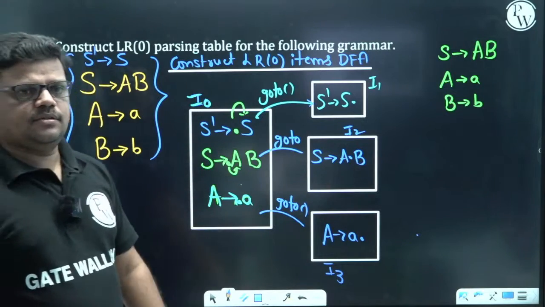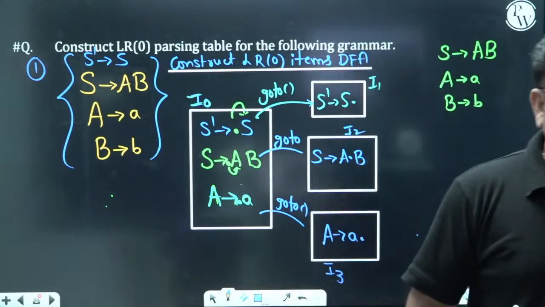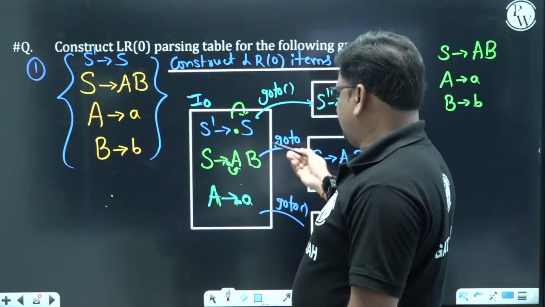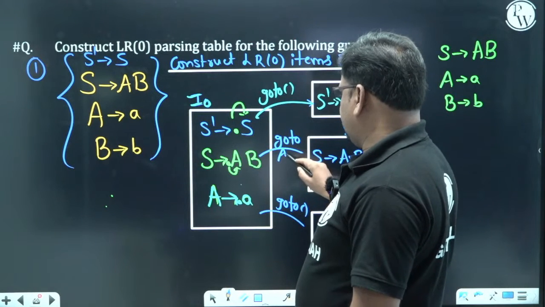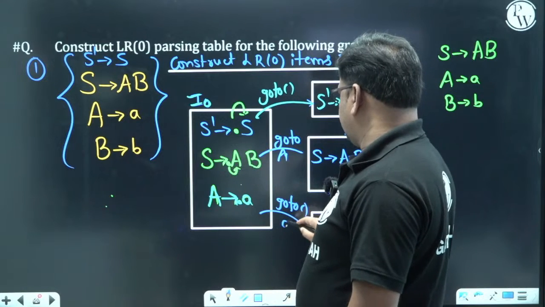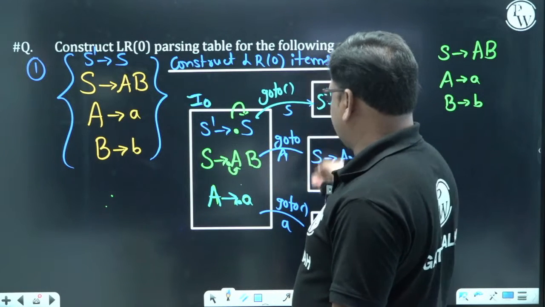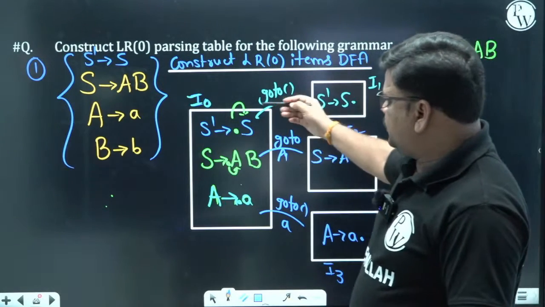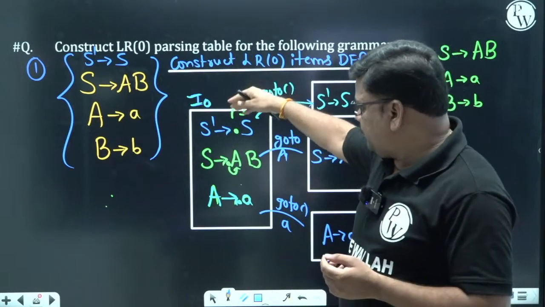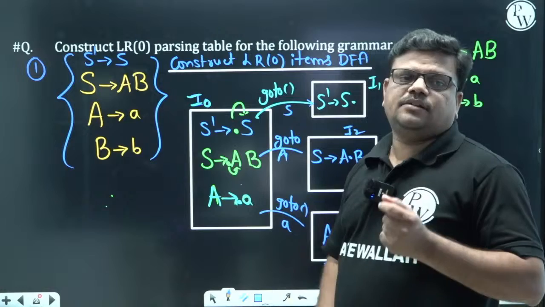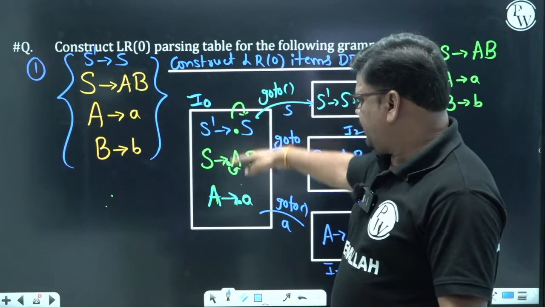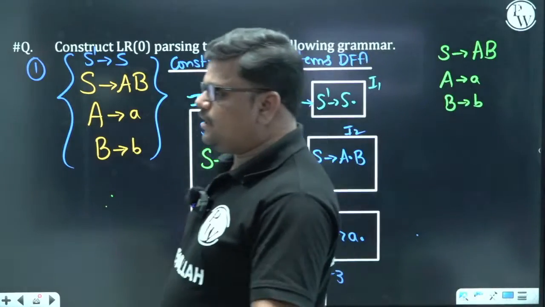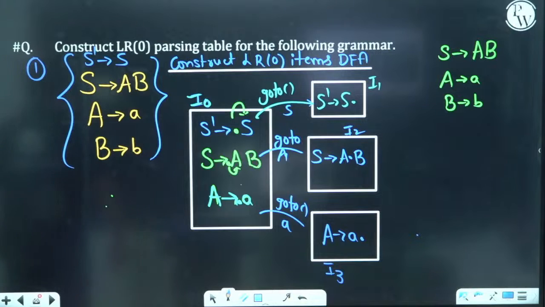The transition can be on whatever symbol follows the dot, like capital A, or like this, capital S. So for the I0 state, closure on every LR0 item and goto on every LR0 item are completed.